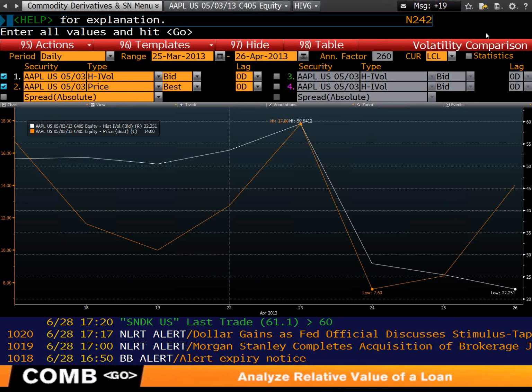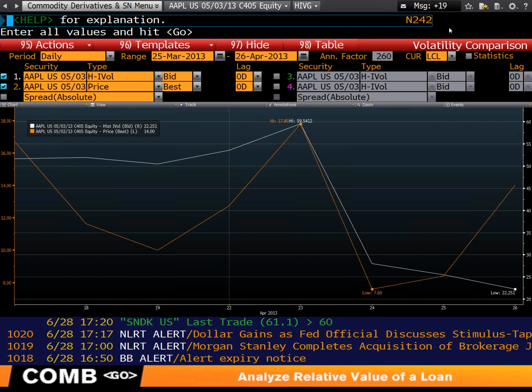We're now the day before the release of earnings, and you get the same dynamic. If you're just buying these things straight up and paying 60% volatilities, you run the risk of taking a bath if the stock does not move.